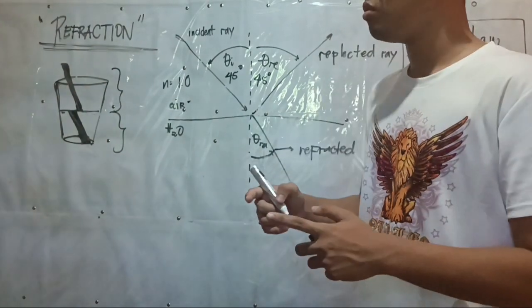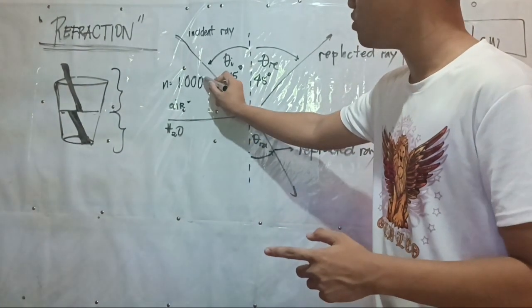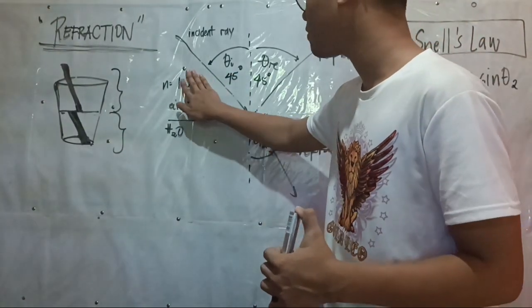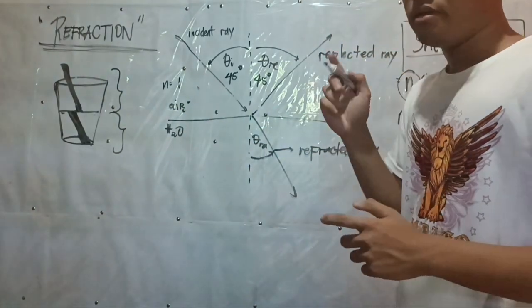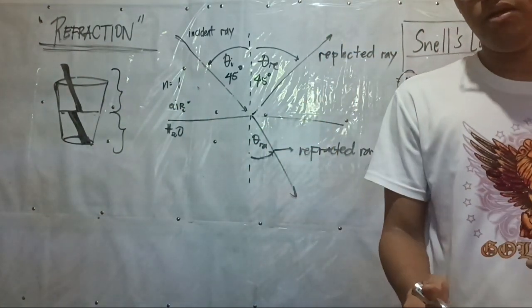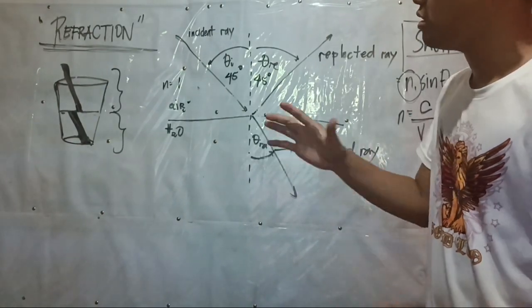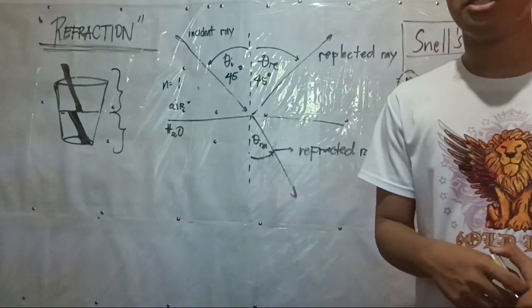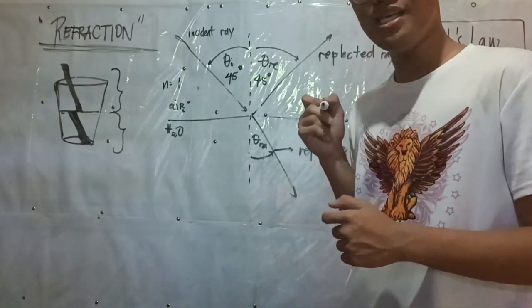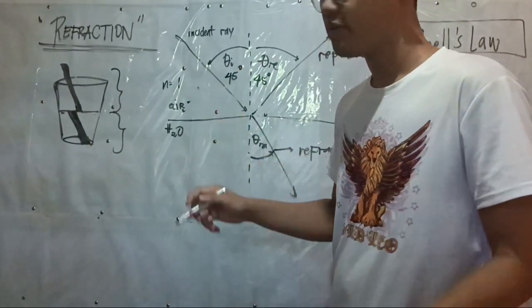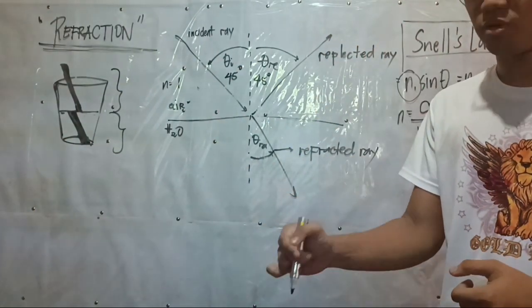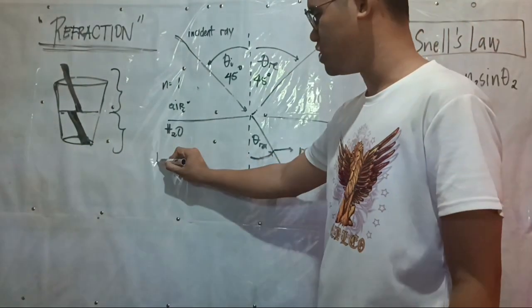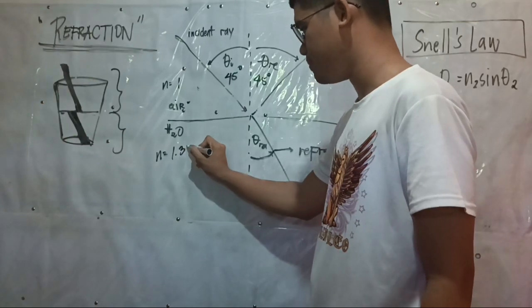For air, it is equal to 1.003, but in this case, we're just going to use 1. This is not exactly 1, but it is an approximation. The index of refraction in a vacuum is always exactly 1. In air, it is approximately 1. In H2O, in water, the index of refraction is 1.33.